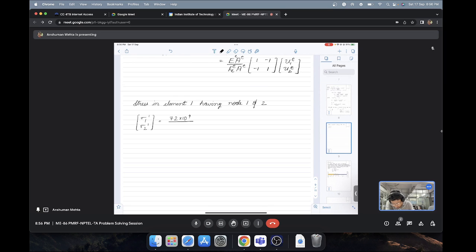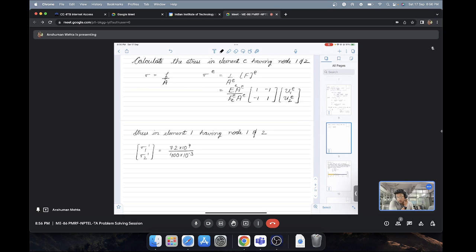E and what is A? Oh, it cancels. So E by h into u1 u2. As we have seen that it's 0.